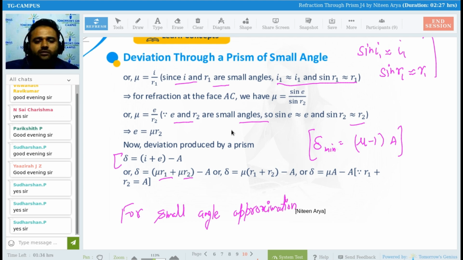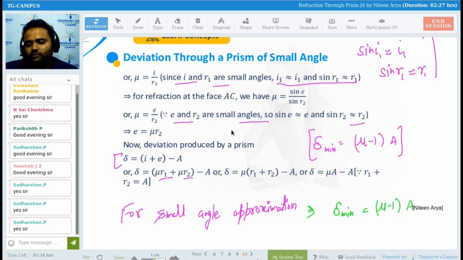For a small angle approximation, the minimum angle of deviation is nothing but (mu minus 1) A.